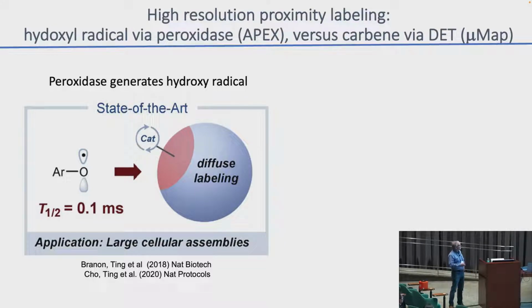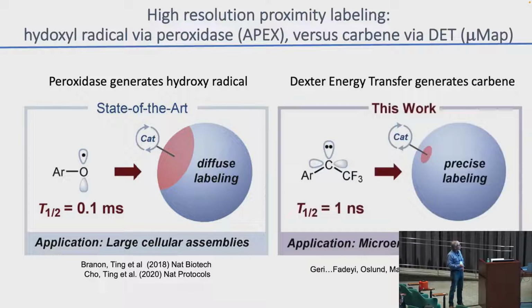So here it is again. These hydroxy radicals have half-lives on the order of about a millisecond. And this new method that was developed by the group at Merck and Princeton uses, instead of aryl hydroxyls, diazirines to generate carbenes, and these react incredibly fast. So you get much more precise labeling.